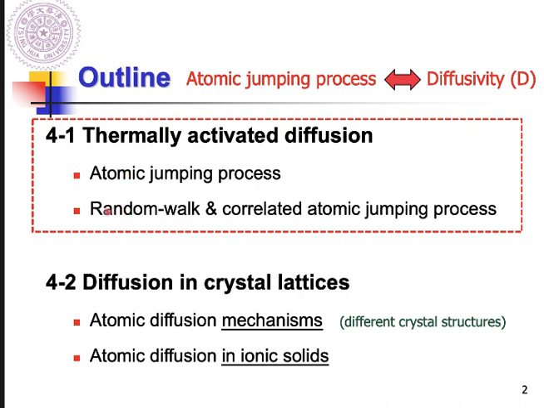Under this situation, this kind of mechanism we can consider a random walk, because the interstitial can move to any interstitial site inside the material, right? So it's nothing related to the previous jump or next jump. But related to the correlated atomic jumping process, do you remember? Do you have any idea for that? I would say vacancy mediated diffusion belongs to the correlated atomic jumping process. Why?